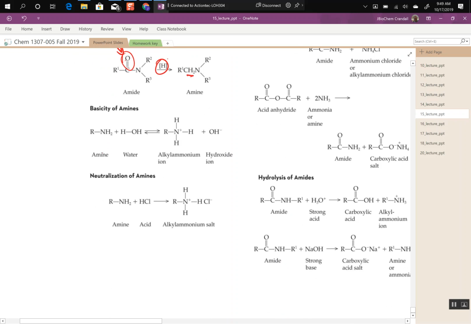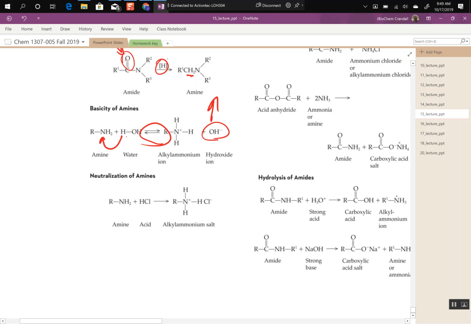Amines are bases because when you dissolve them in water, the hydrogen of the water is going to be accepted by the amine, one of the hydrogens of water, and then you're going to be left with OH minus. Whenever I have an increase in the concentration of OH minus, my solution is basic.